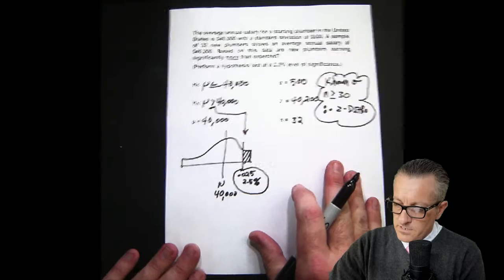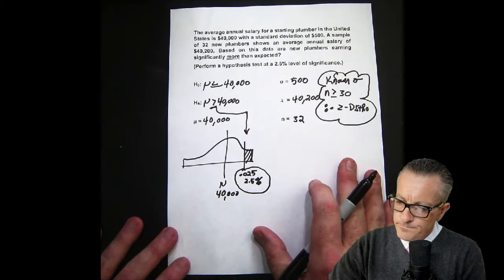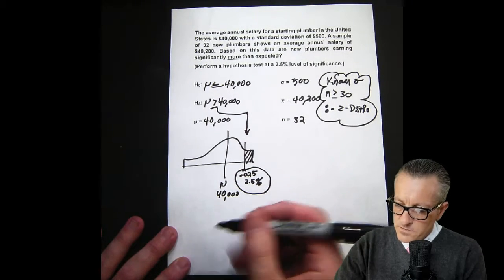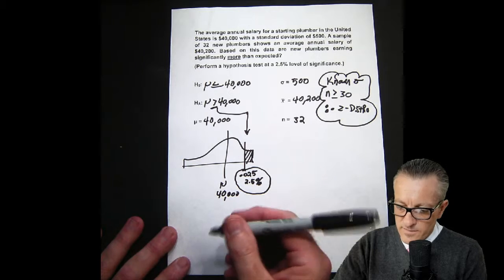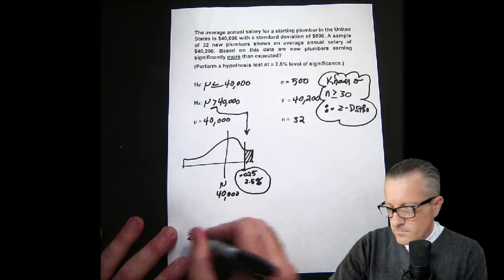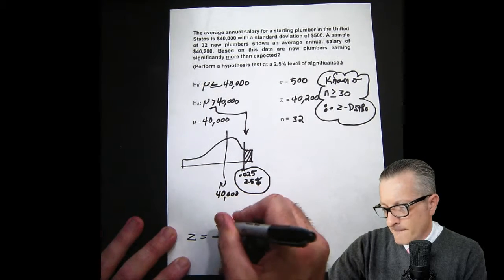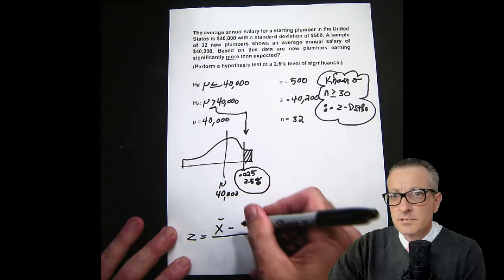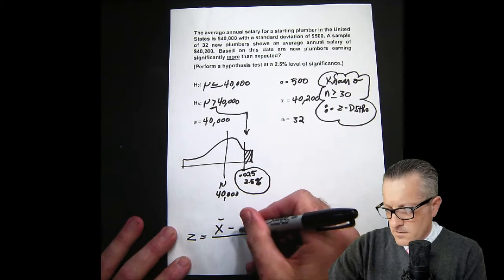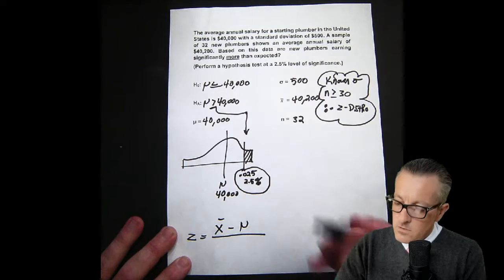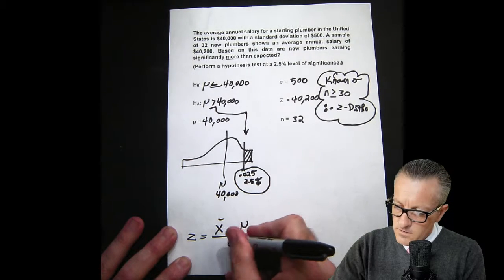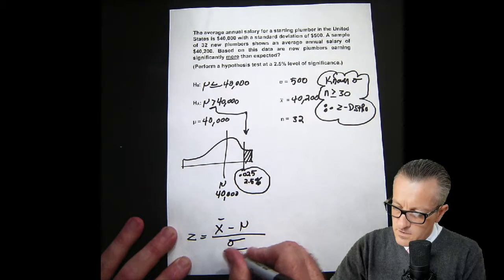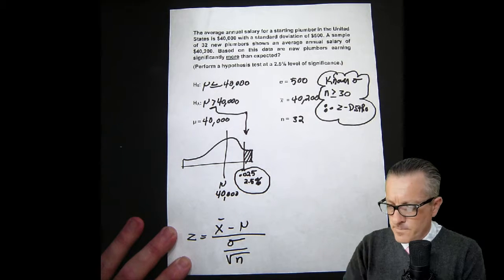Okay, so now all that we need to do is some calculating. And we're still going to do our calculating the same way that we did before. So x bar minus mu, and then sigma over square root of little n.